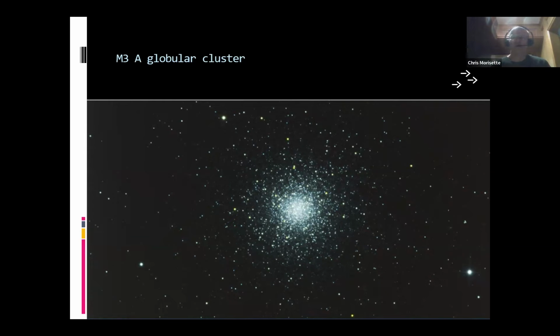The other thing is that there are almost 500,000 stars in this picture that are gravitationally bound to one another. So you really have a nice, brilliant, compact grouping of stars that is fascinating to look at. And that's M3, one of many globular clusters out in the cosmos.